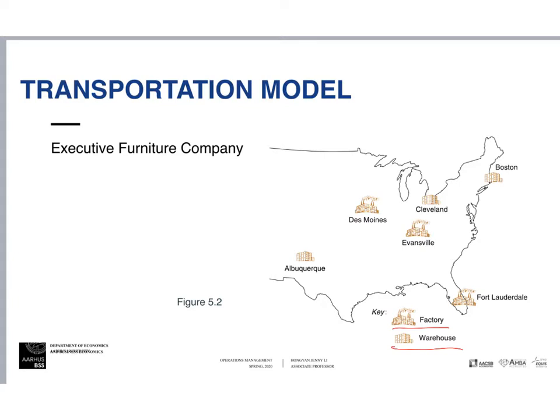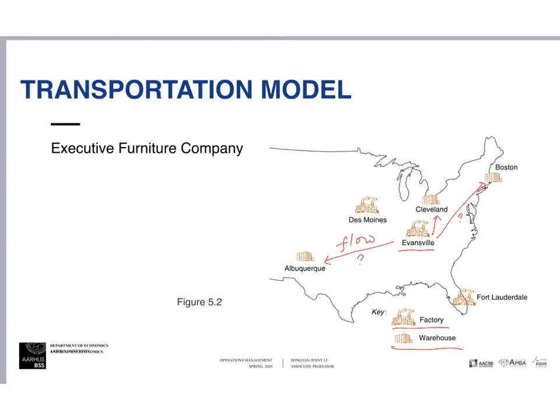For example, we have Evansville. This is a factory. It may be allowed to provide products to Cleveland, to Boston, or to Albuquerque. But then the question is, on the arrow is a flow. So how many units it should provide for each of the locations.